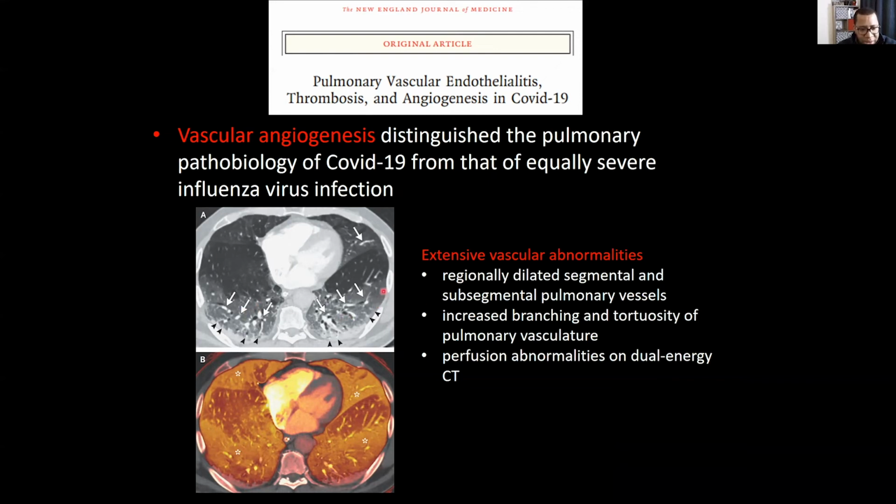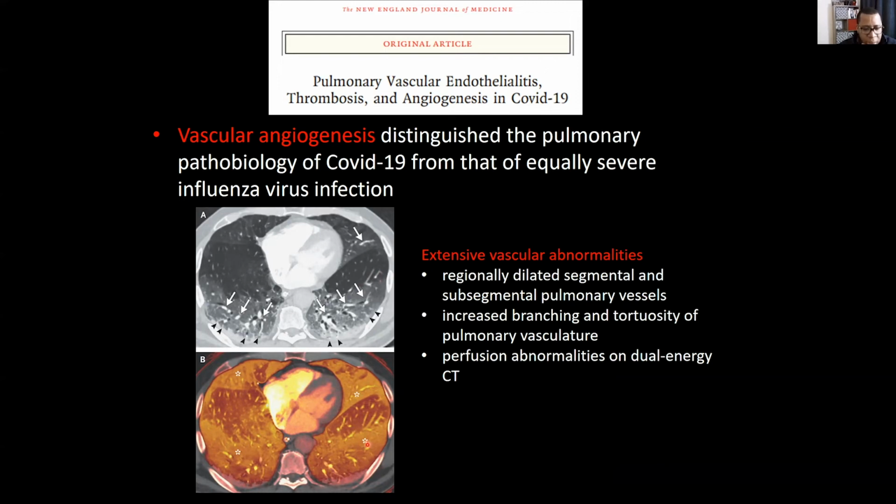So this is a CT pulmonary angio done with dual energy. This is the iodine maps. I personally like dual energy a lot for various reasons. But specifically, you can show these regional dilated segmental and subsegmental pulmonary vessels, right? So in the affected areas with ground glass opacity, you're able to see these dilated vessels compared to the non-affected areas.